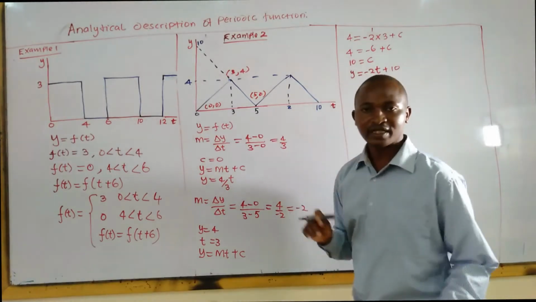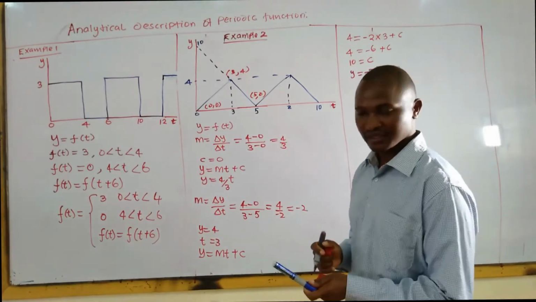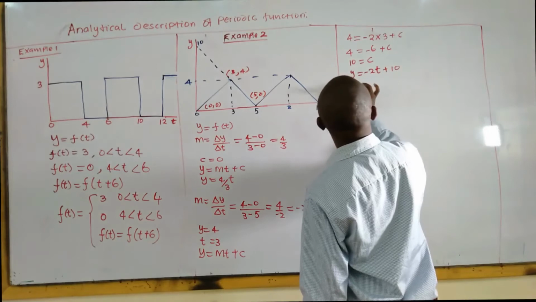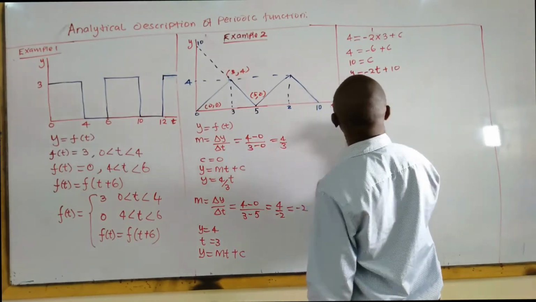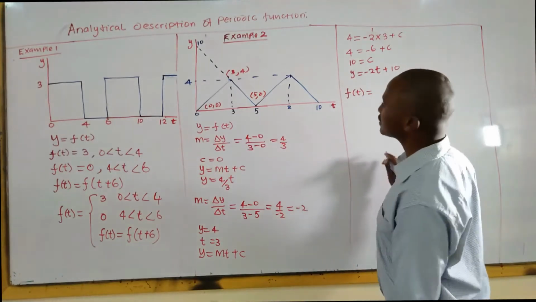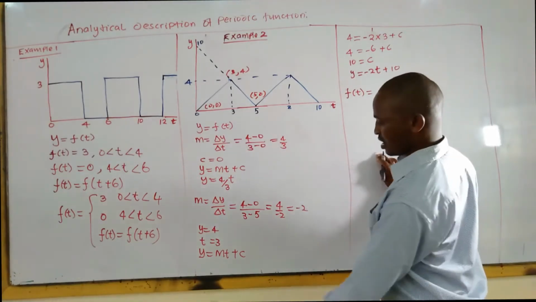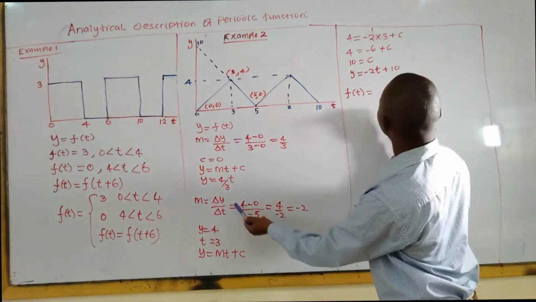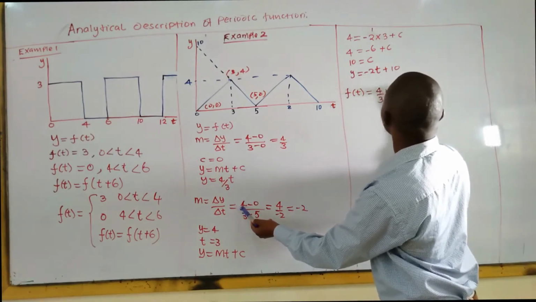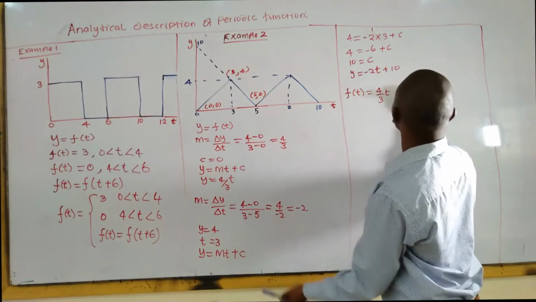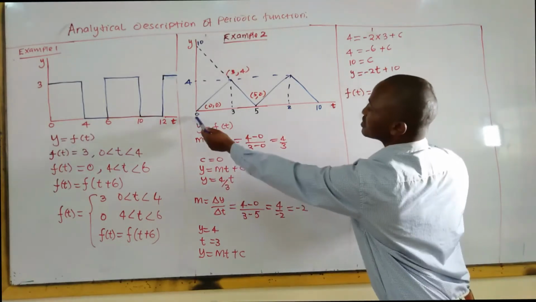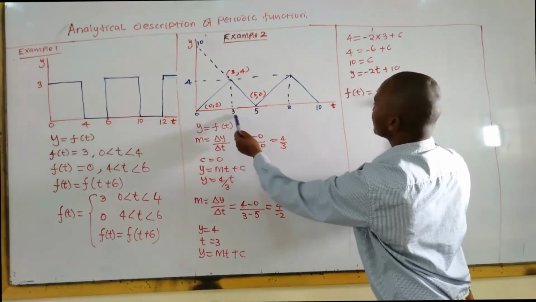Now we can say, analyzing the curve or analyzing the function, we have function of time, y is equal to function of t is equal to 4 over 3 t for t lies between 0 and 3.